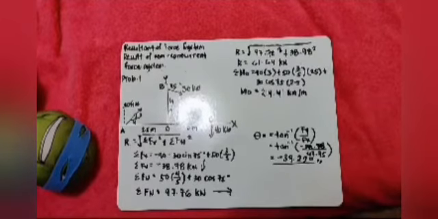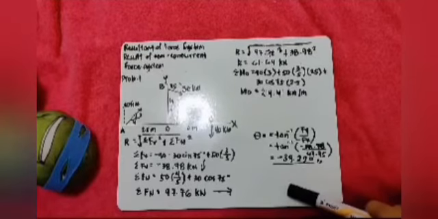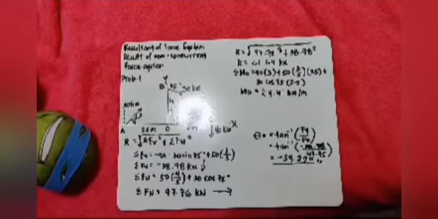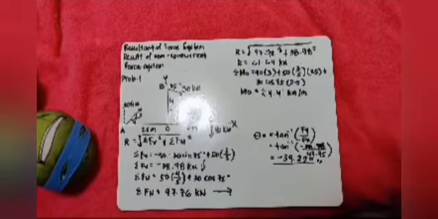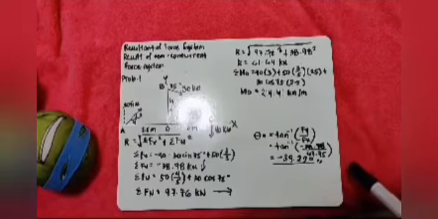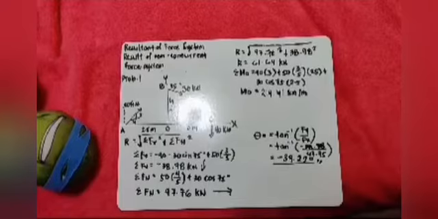Then, last, theta x is equals to tan negative 1 of fy divided by fx. Tan negative 1, negative 38.98 divided by 47.75 is equals to negative 39.22 degree.